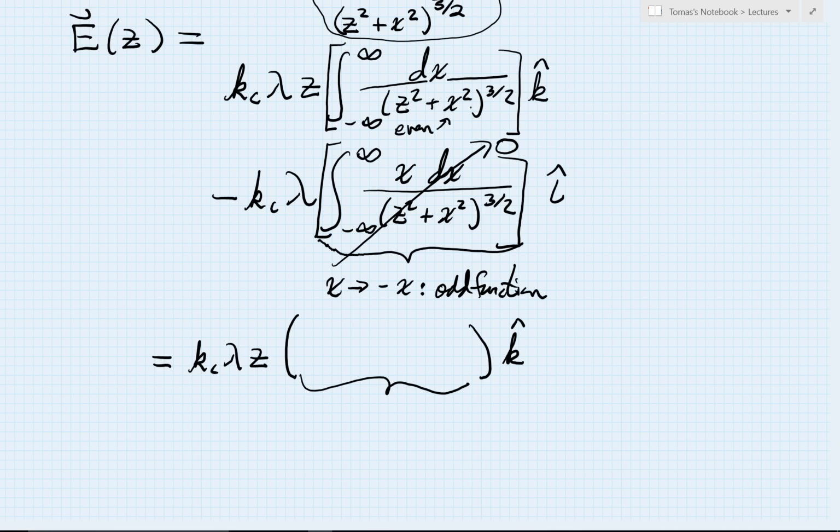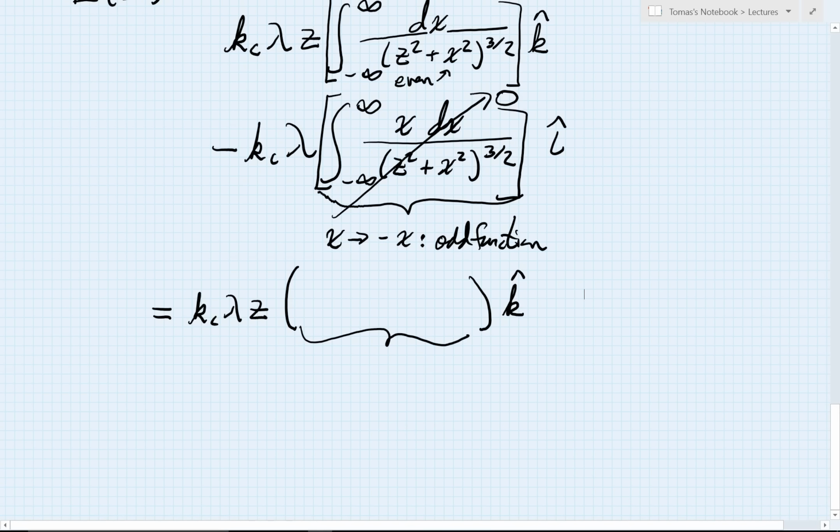On exams, we'll give you any indefinite integrals that you might need, except for the more simple kind of integrals. If it's tricky, on an exam we'll give you the integral, just like you'll see we often do on the problem set. So if you actually look up that integral, you'll find it has the following result. It goes like 1 over z squared times x divided by the square root of z squared plus x squared.